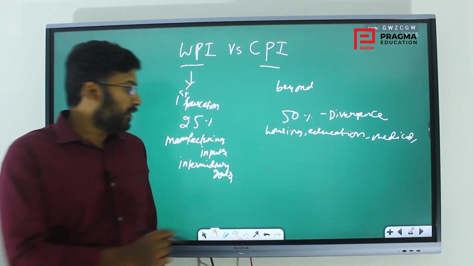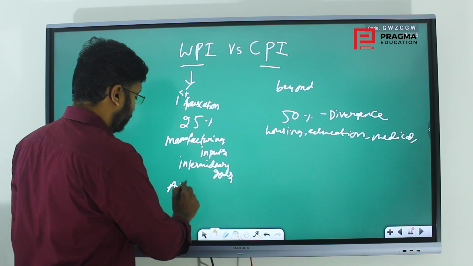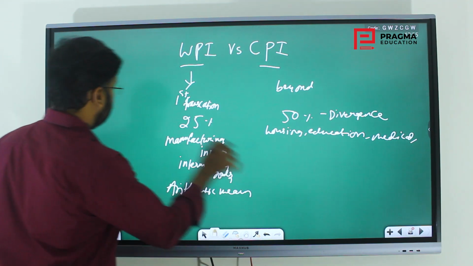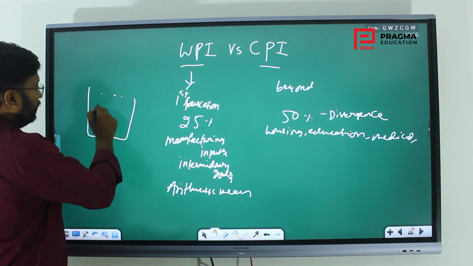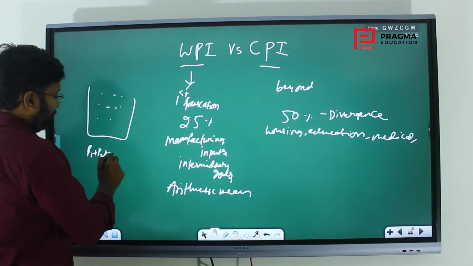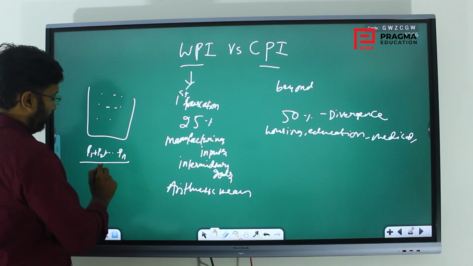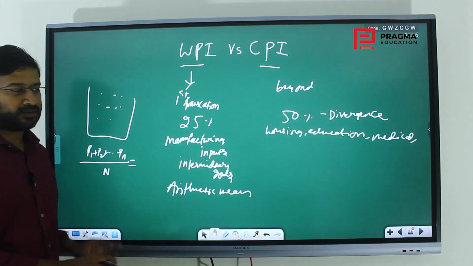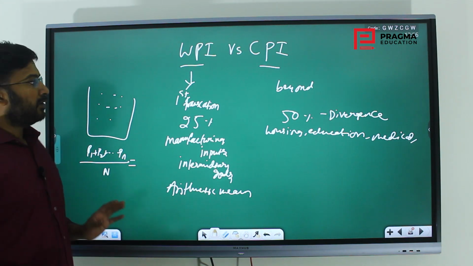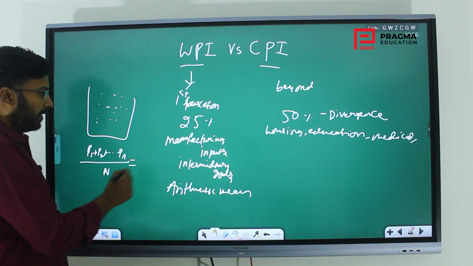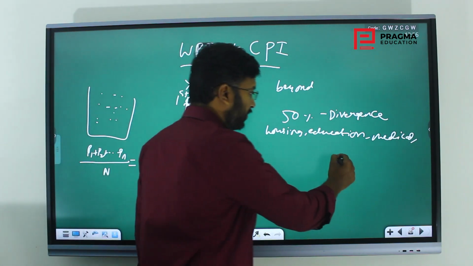WPI is computed using the arithmetic mean. Arithmetic mean means in this whole basket they will take the prices of all the items, P1 plus P2 plus up to Pn divided by n. This is the arithmetic mean. It is a small concept in maths we would have learnt in school. But in CPI they use the geometric mean.